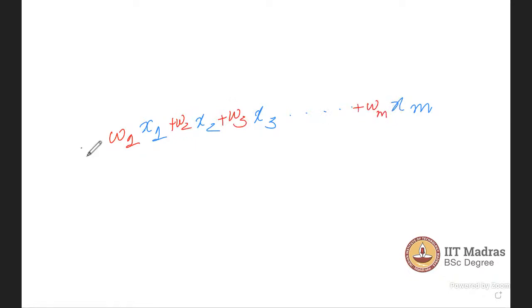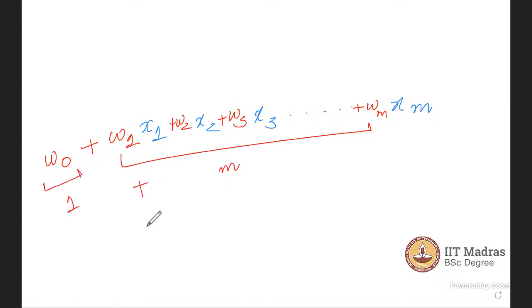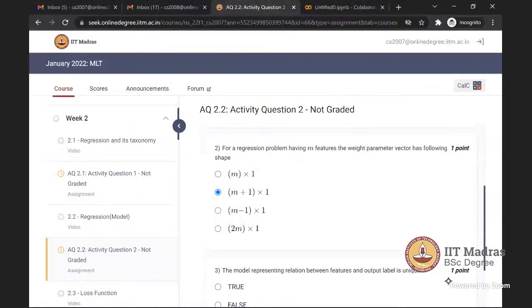In addition to that, we are going to get a bias term. So if we count all of this, there are m items plus this one, so 1. In total we have m plus 1 parameters. So the correct answer should be m plus 1 by 1.